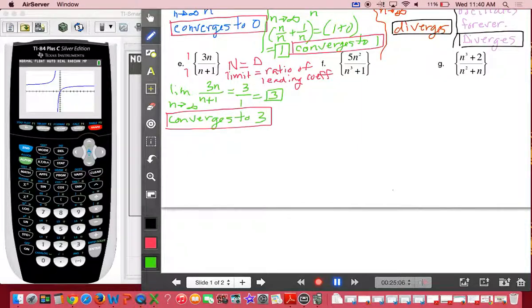All right, let's look at f. So what is the degree of the numerator? 2. What is the degree of the denominator? 3. So that means that the numerator is less than the denominator. When the numerator is less than the denominator, the limit is equal to 0.